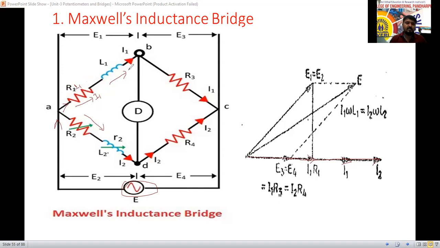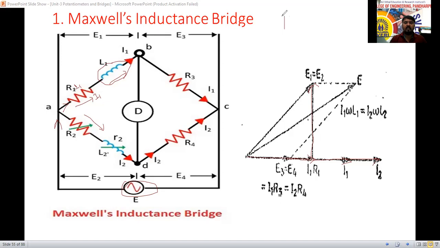What is this one? This is a pure inductance, this is inductance only, na? Yes, sir. With pure inductance, what will happen from here to here? The current is going to lag by 90 degrees. The voltage drop across this leads.